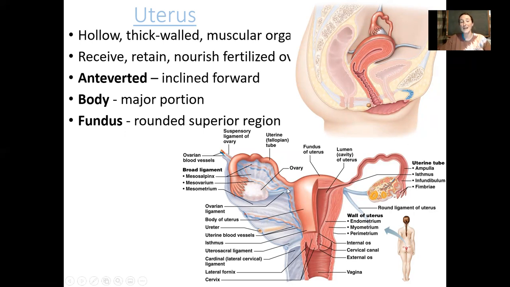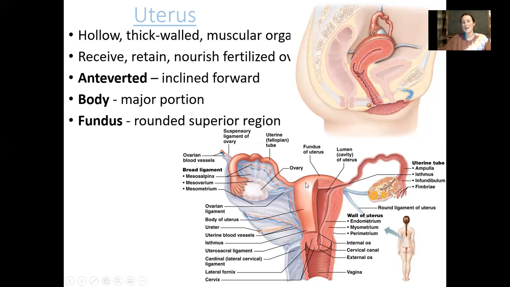Okay, so the uterus itself is, yes, anteverted, which means it's flopped down on top of the urinary bladder. There is a main body, and this is where implantation of a fertilized egg would ideally occur, and also where the development of the fetus and the placenta would be.